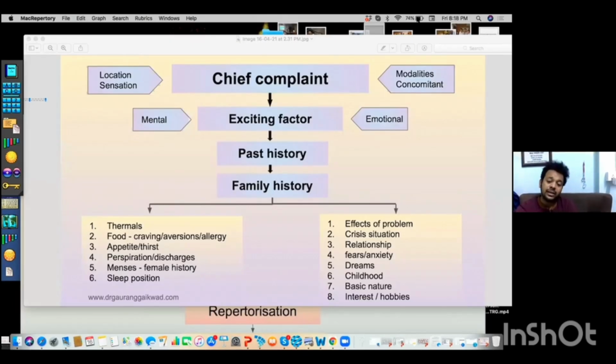So after understanding the mind state, the other important area, most of you already know about it, is the generals, the physical generals. This is very, very important. And I will try to bust a few myths. Let's start with thermals. Thermals are important, but they are not the only most important things.